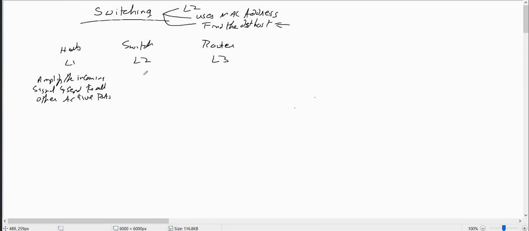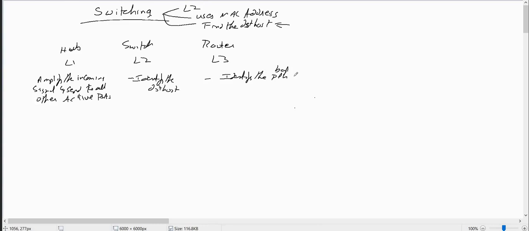So then, what is the job of a switch? As we just said, identify the destination host. And what is the job of a router? Identify the best path to the destination network, the location.